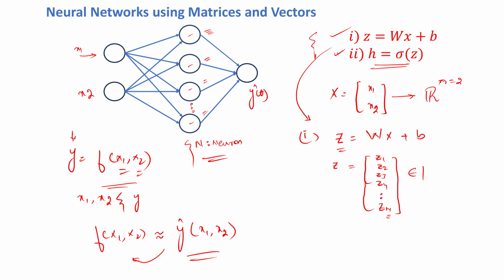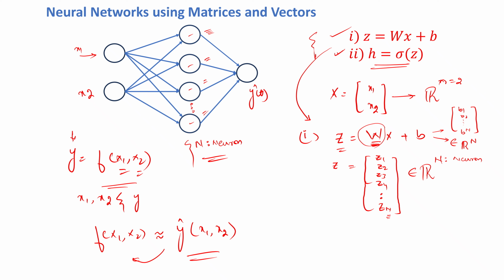Dimension of Z matrix, this is capital N, which represents number of neurons. Similarly, B is added to each linear combination, so this is also a vector. It will be a vector like this, b1, b2, till the number of neurons, right? So the dimension of B matrix is also capital N.